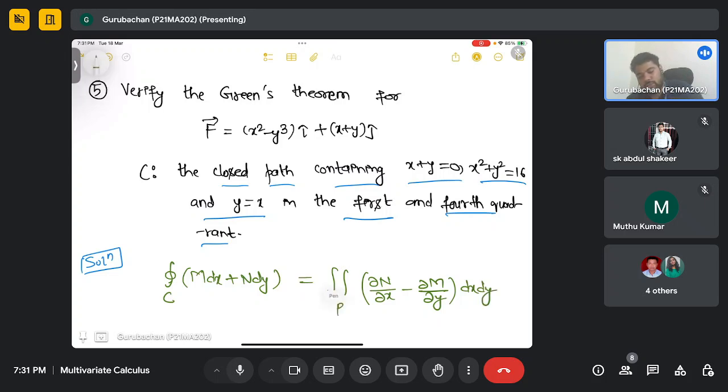So in rough language, I have told you what Green's theorem is and what we have to verify, and we have given this vector field. Try this one, just give me one minute.